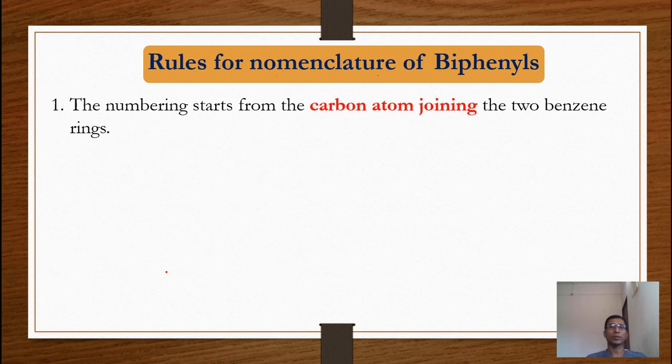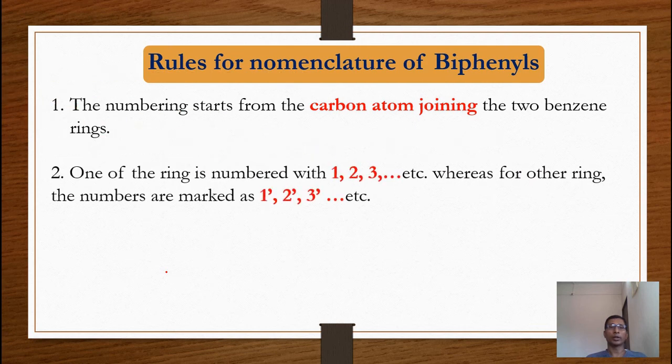At first, you have to give numbers, and you can start from the carbon atom joining the two benzene rings. Then one of the rings is numbered as 1, 2, 3, etc., while the other ring is numbered as 1 dash, 2 dash, 3 dash.